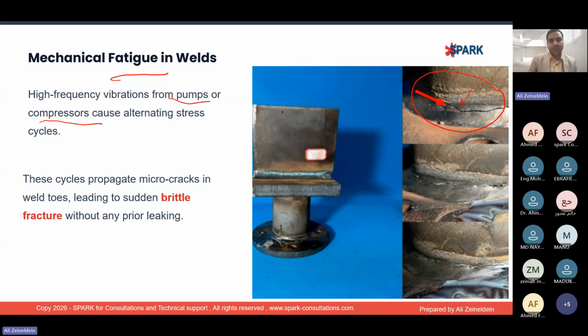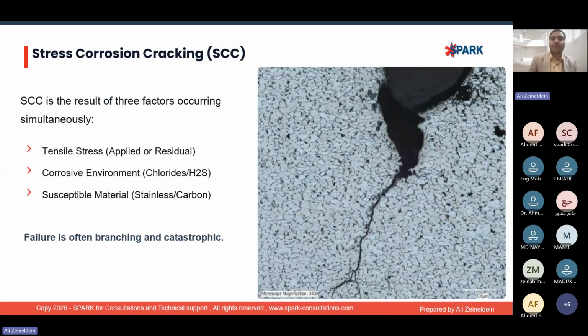Here is stress corrosion cracking, as we explained before: susceptible material. This is the triangle that we discussed before, my guys. Especially susceptible material, one of the first angles, and the corrosive media, and then tensile stresses.